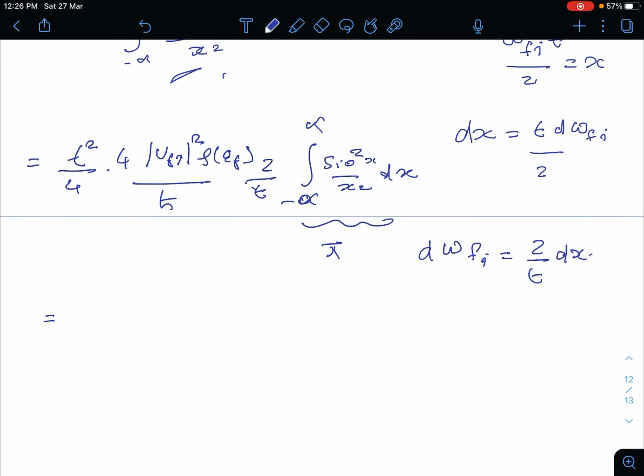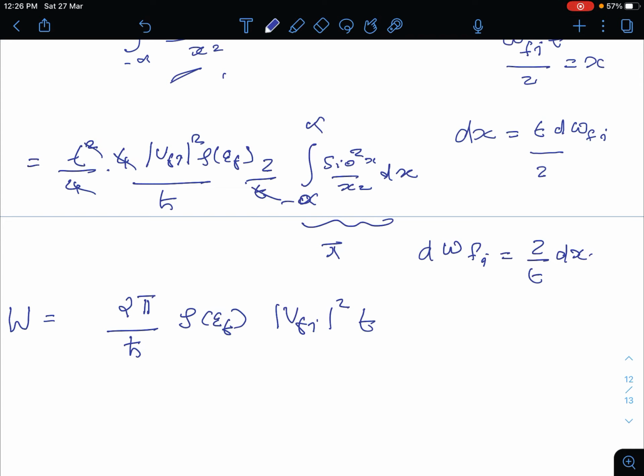So t and t squared get cancelled. So what I am getting is W, the total probability, is 2 pi by h cross rho(E_f) |V_fi|^2 into t. Okay, so that is the probability.